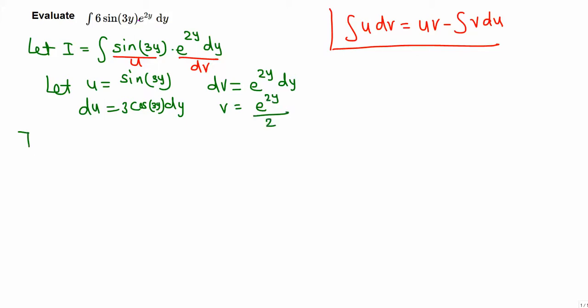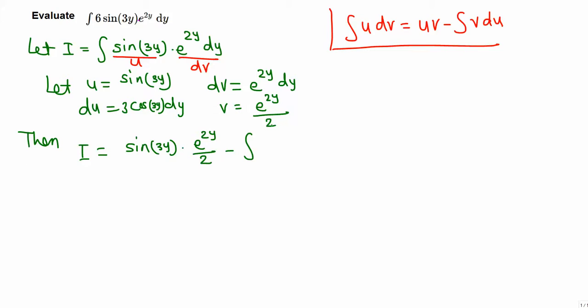Then this integral, without the factor 6, using this formula we get uv, so u times v: sine 3y times e raised to 2y over 2, minus the integral of v du.